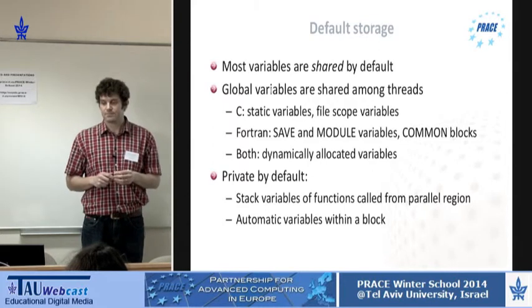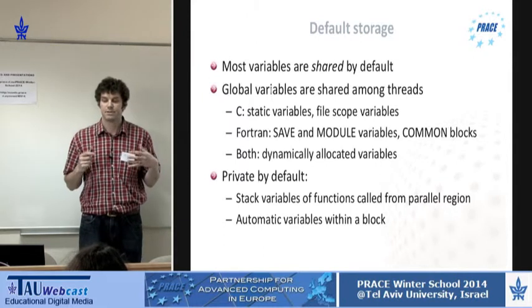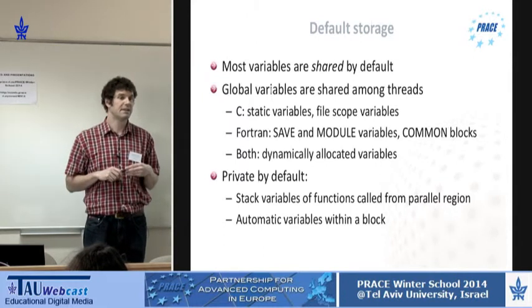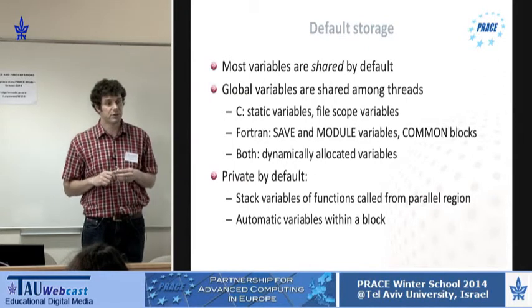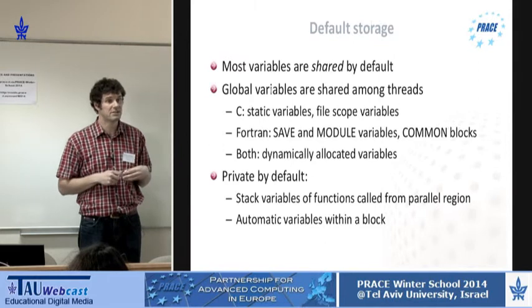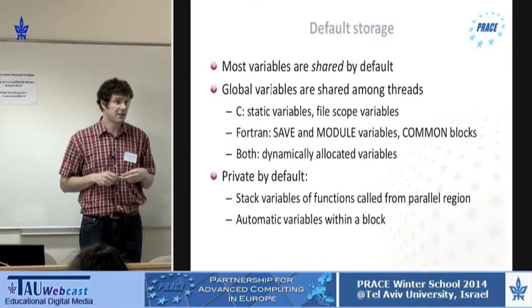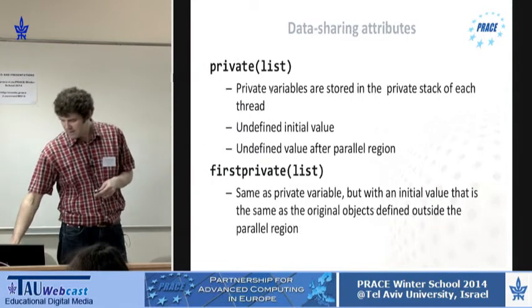By default, private variables are those declared within a block, automatic variables within a block, and also if there are some internal variables in a function that will be called in a parallel region, they will also always be private.